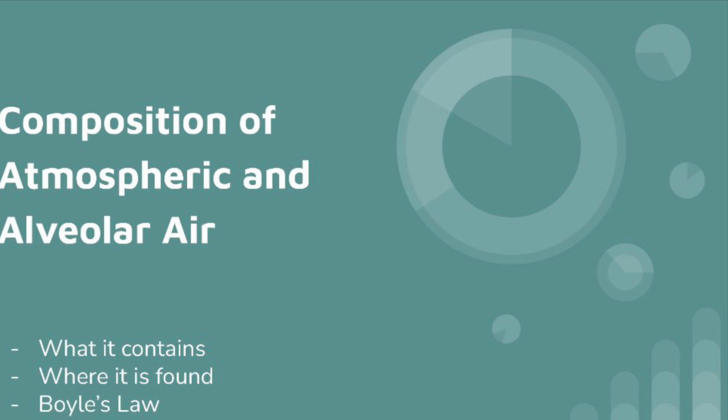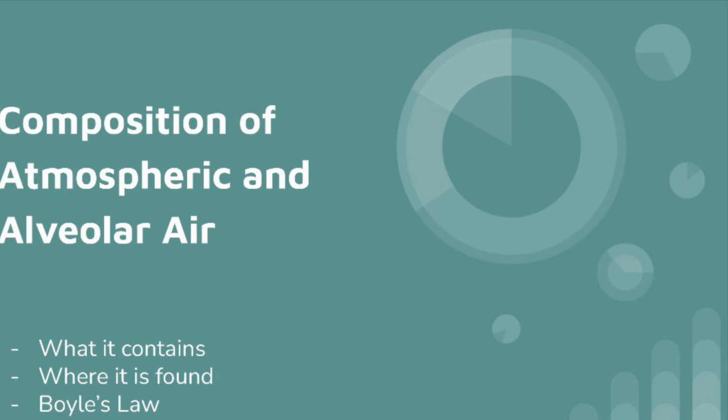Composition of atmospheric and alveolar air, including what it contains, where it is found, and Boyle's law. Atmospheric air contains nitrogen, oxygen, carbon dioxide, and other gases as well.